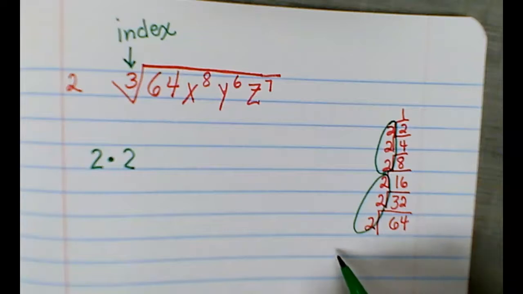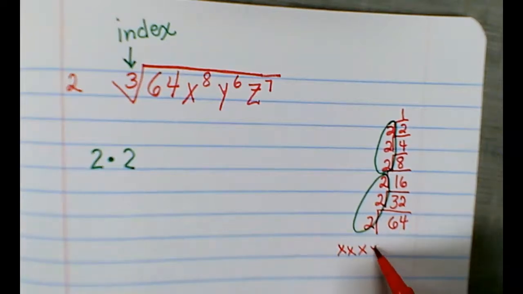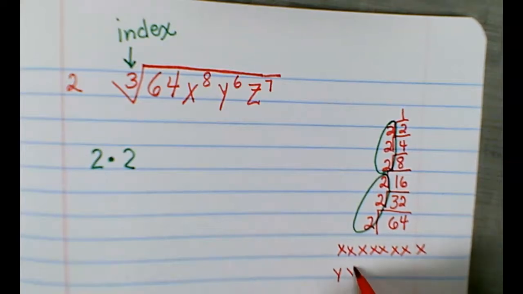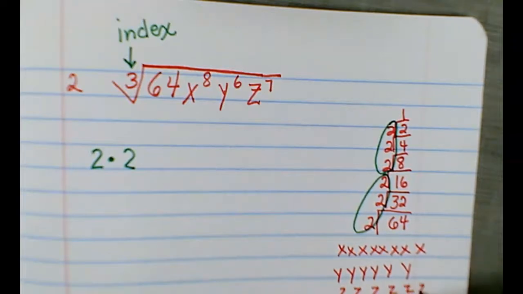And I have 1, 2, 3, 4, 5, 6, 7, 8. 1, 2, 3, 4, 5, 6. 1, 2, 3, 4, 5, 6, 7.